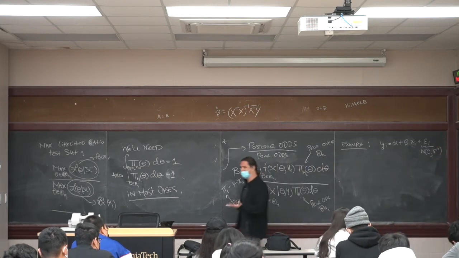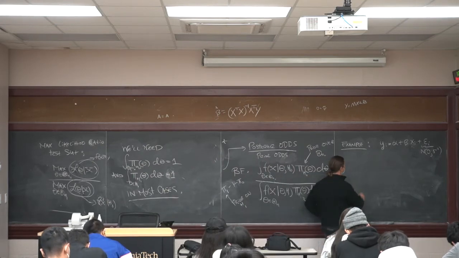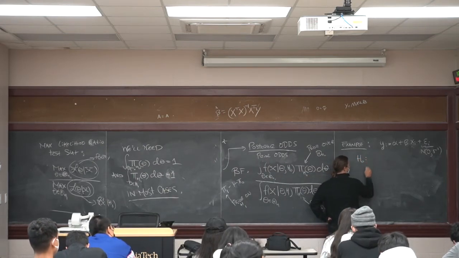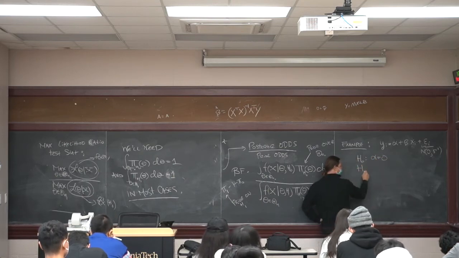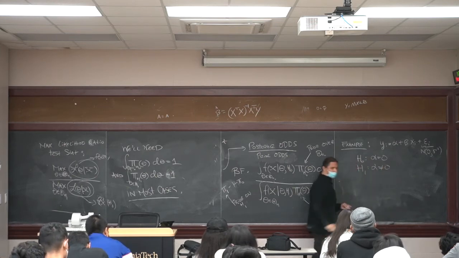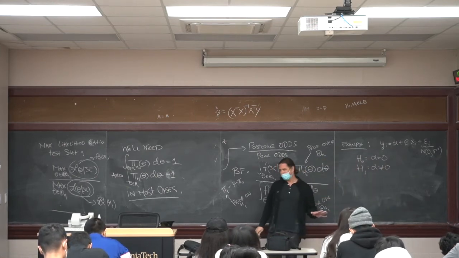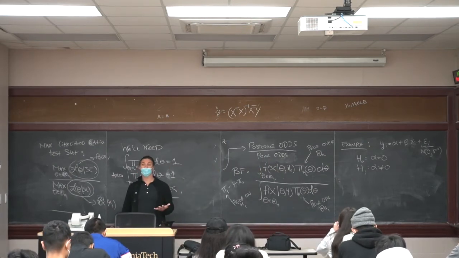So very basic setup, simple linear regression. And possibly, I have a hypothesis like this: alpha is equal to 0 versus alpha is not 0. Okay, so this is that sharp test that is contentious.